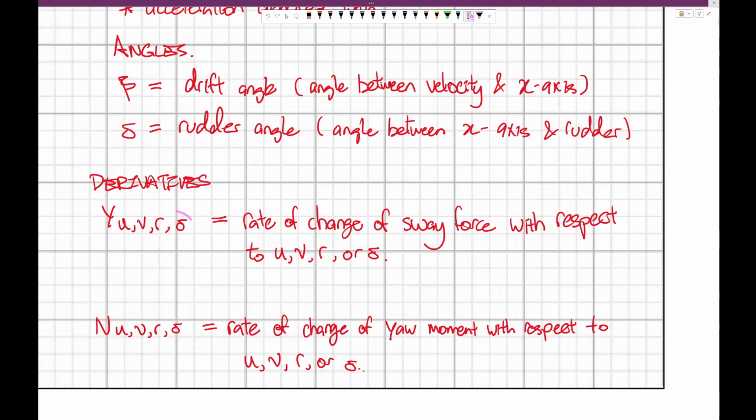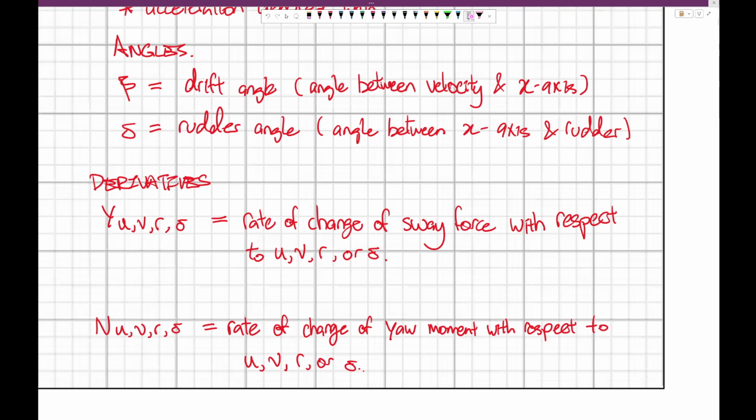Basically we have derivatives of all of these, and how they affect your Y and N, your sway force and yaw moment. So if you see these, that's basically what this means. Great.